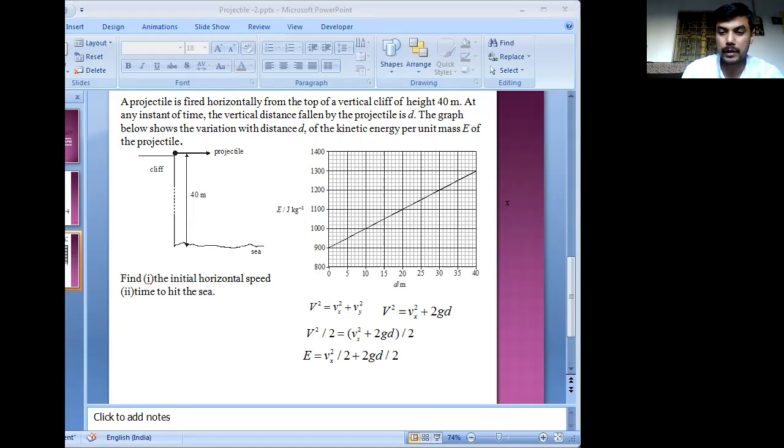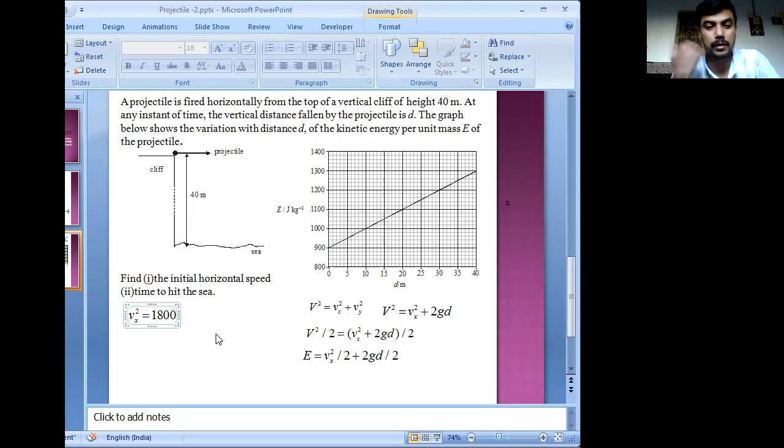That is what we get to understand. So that is our first conclusion. The question was to find out the initial horizontal speed, and we have got the square of it. You can take the square root and arrive at the result easily. The next thing is how you can arrive at the time to hit the sea.